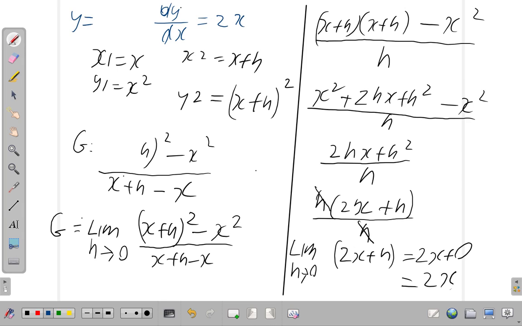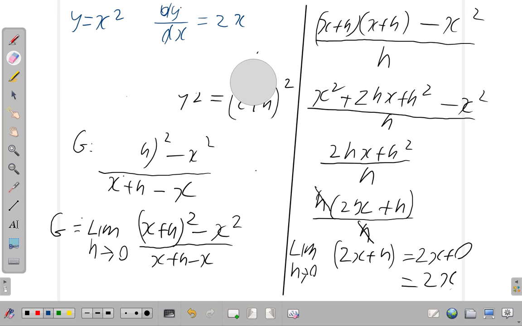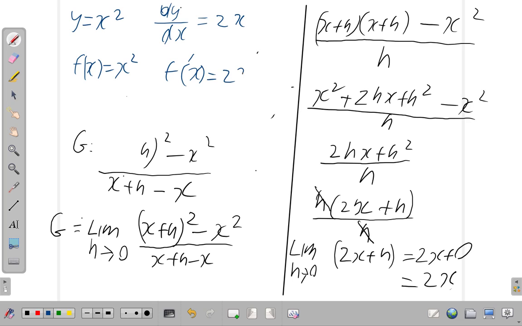That is, if y equals x squared, then dy by dx is equal to 2x. You can also say, in another way, that if f of x is equal to x squared, then f prime x is equal to 2x. So that's a matter of differentiating x squared from first principles.